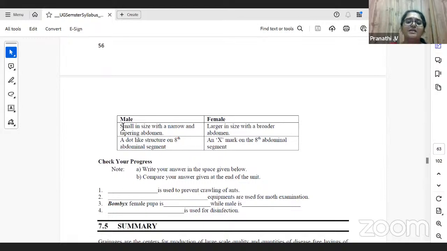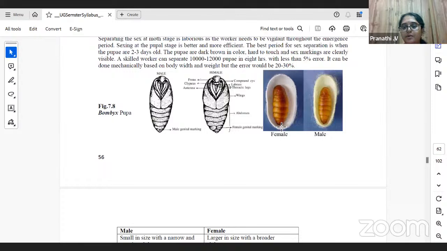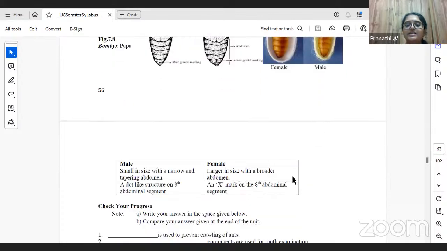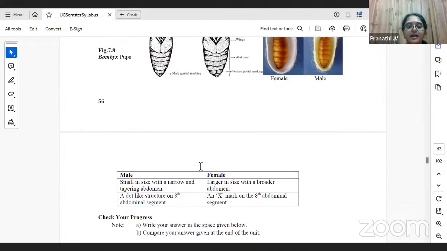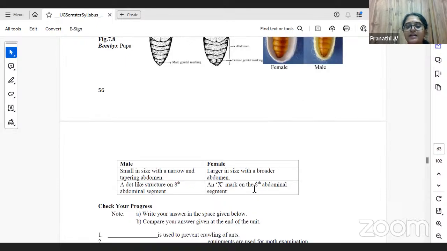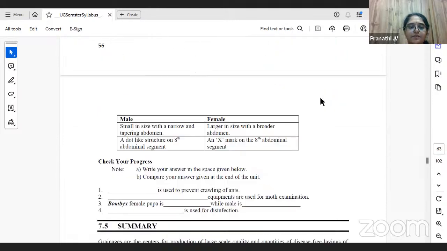Again, the differences: the male is small in size with a narrow and tapering abdomen. Tapering abdomen, you see here. The female is larger in size with a broader abdomen. A dot-like structure on the eighth abdominal segment is present in the male, whereas the female has an X mark on the eighth. So just see the basics.